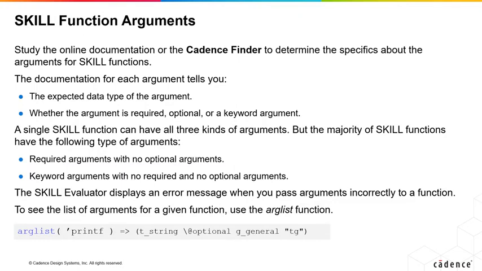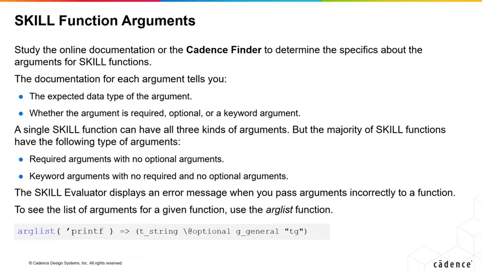Function arguments. When you're working with Skill, you want to study the online documentation or the Cadence Skill API Finder to determine the specifics about the arguments that need to be passed to Skill functions. The documentation for each argument tells you, first of all, the expected data type of the argument.